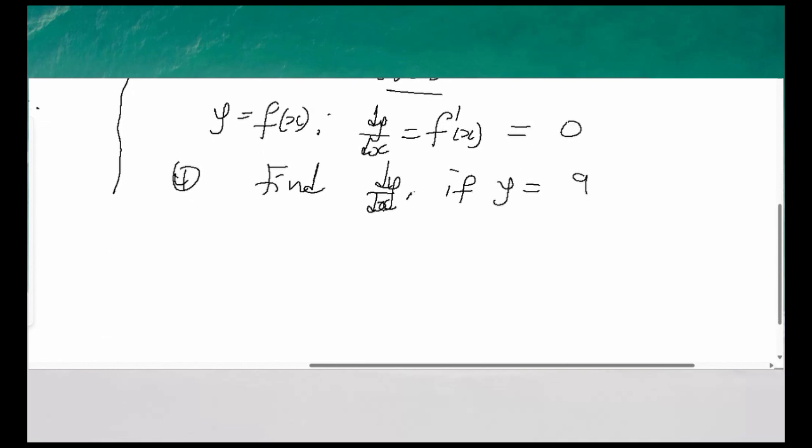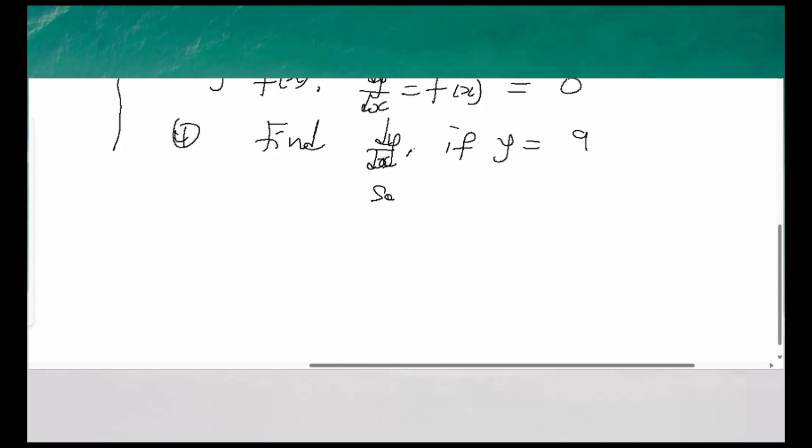Solution. Because y is a constant, y is equal to 9 and 9 is a constant, the first derivative of it is just going to be 0.